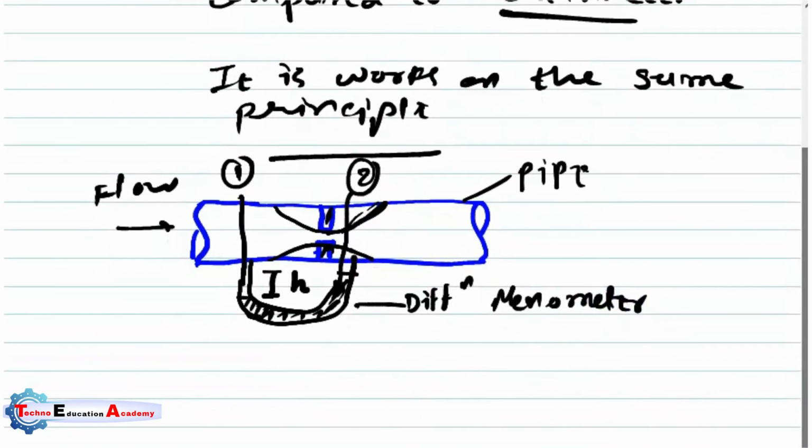Now, at section 1 and 2, the working principle is similar to the venturimeter. So at section 1 and 2, we will apply Bernoulli's equation.